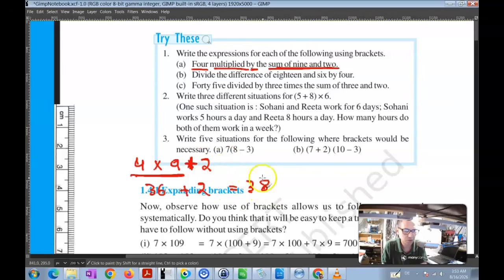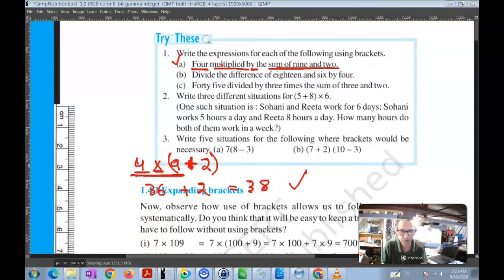Of course, there is nothing wrong with this. The only problem is that this is not the same thing that is meant over here. What is meant is that 4 is supposed to be multiplied by the sum of 9 and 2, which is 11.